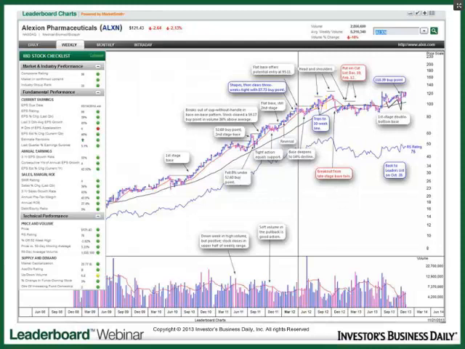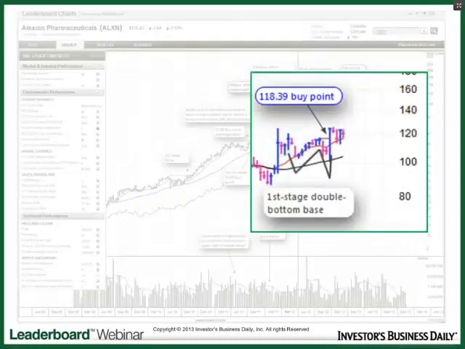So now this consolidation that has been happening for the last year is a first stage consolidation. The stock made a base within that base, that double bottom base, and so that remains first stage. That's why we were very focused on it and interested in it.